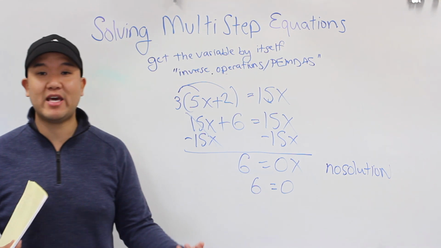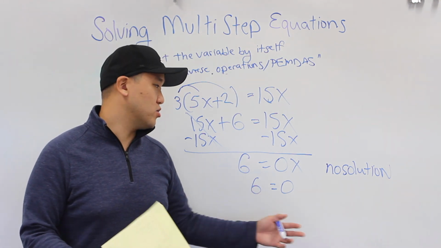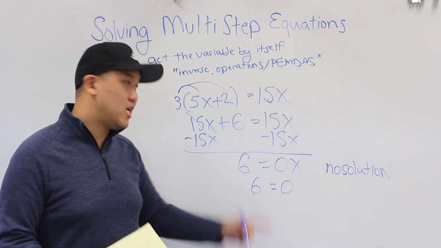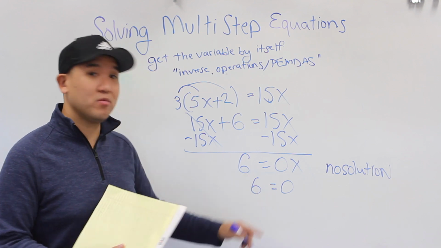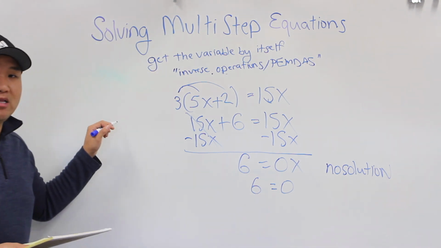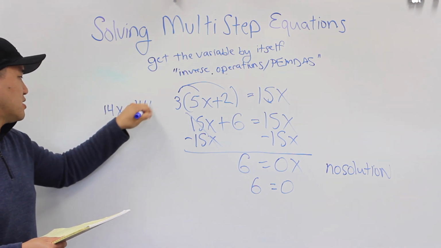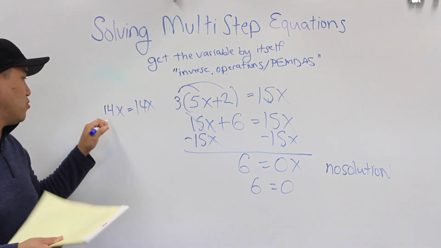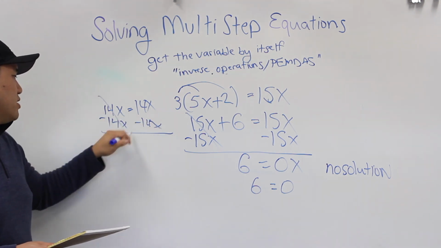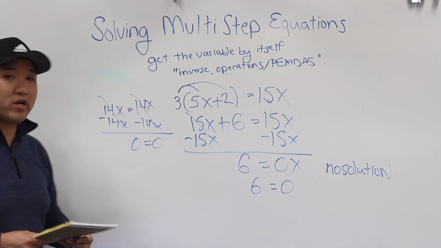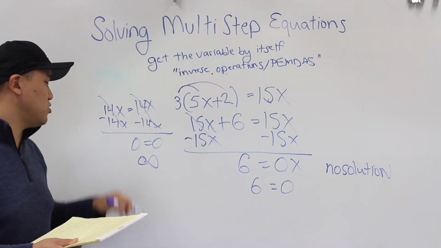So when the variables cancel out and the numbers don't equal each other, then it's no solution, right? If the variables cancel out and you have two numbers equaling each other, so for example, let's say I pick 14x equals 14x, and we subtracted 14x on both sides, and then we got 0 equals 0, or 1 equals 1, or 2 equals 2, or 100 equals 100, this is infinitely many solutions.